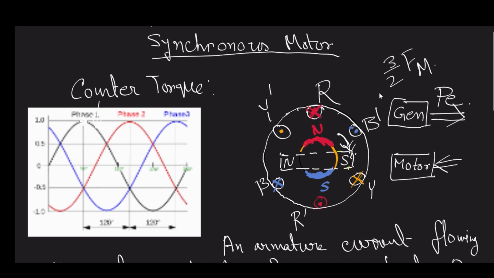The angle of lead, if you try to calculate, you will find it is precisely 90 plus delta plus theta. Okay. In case of your generator, it was lagging, armature MMF was lagging behind your field MMF.